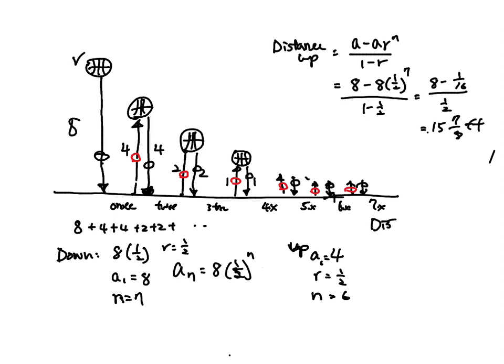Now for distance up, it's going to be the same idea. It's going to be 4 minus 4 times 1/2 to the 6th power over 1 minus 1/2. So 1/2 to the 6 times 4 is 1/16 also.